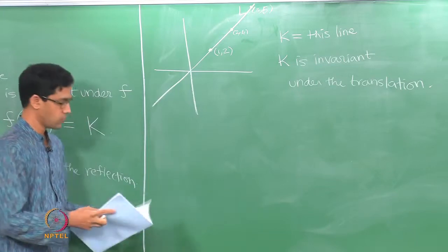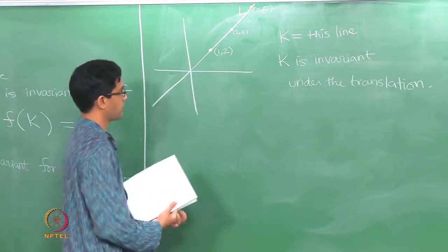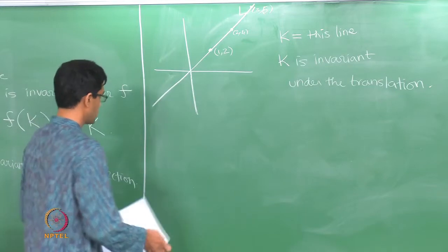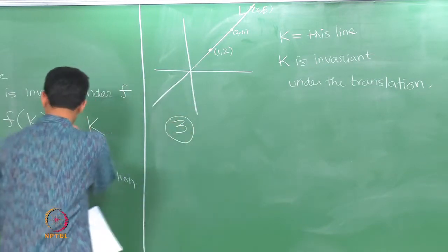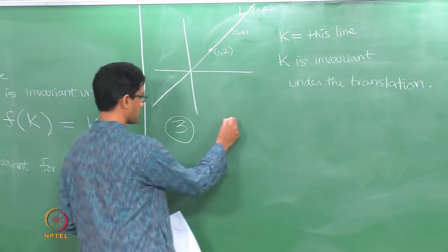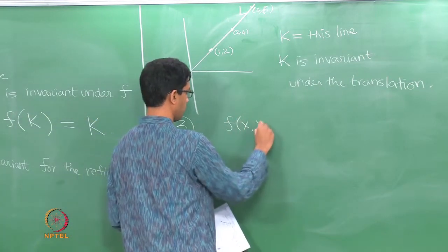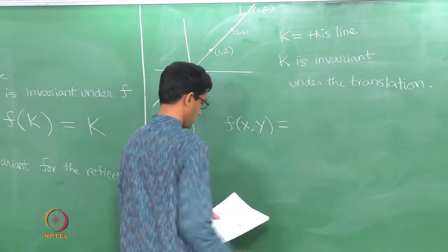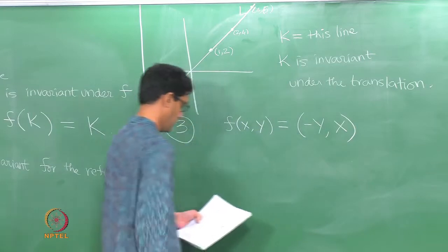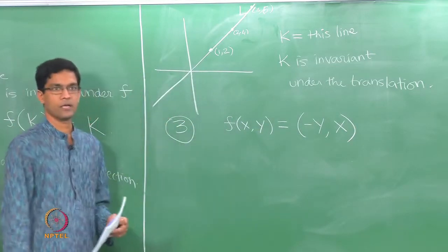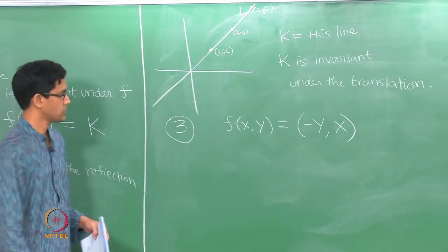Okay, so good, we have talked about translations and we have talked about reflections. So here is another one. f of (x, y) equals (minus y, x).